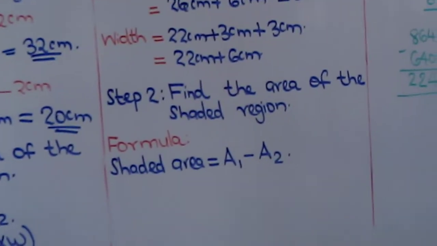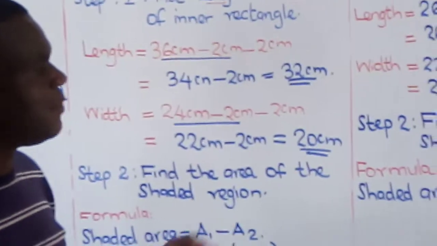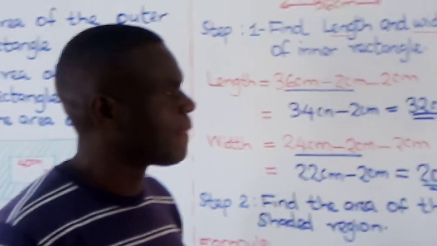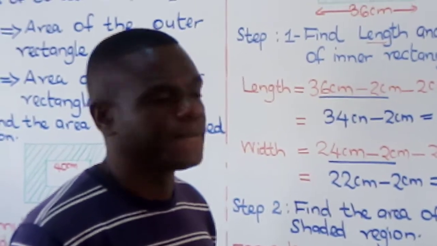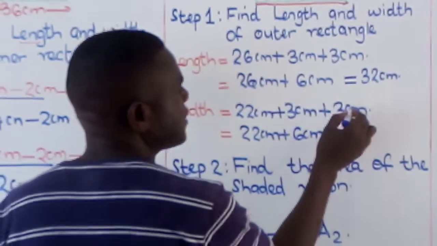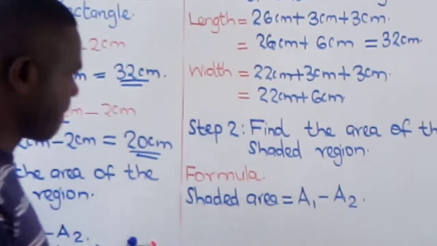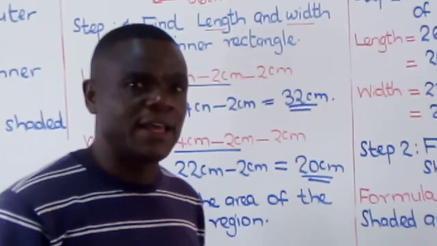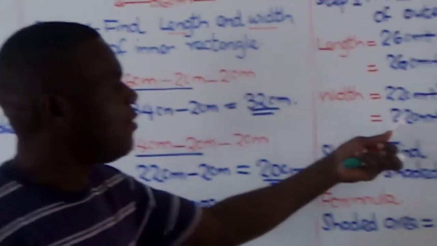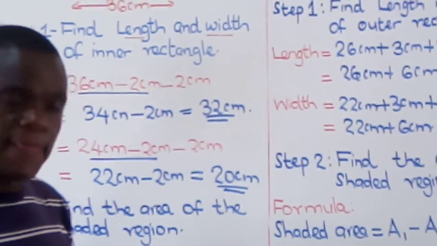Very good. Collins Omondi, where did we get 6 centimeters? Correct. We added 3 centimeters plus 3 centimeters to get 6 centimeters. Collins Brian, what is the sum of 22 centimeters and 6 centimeters?